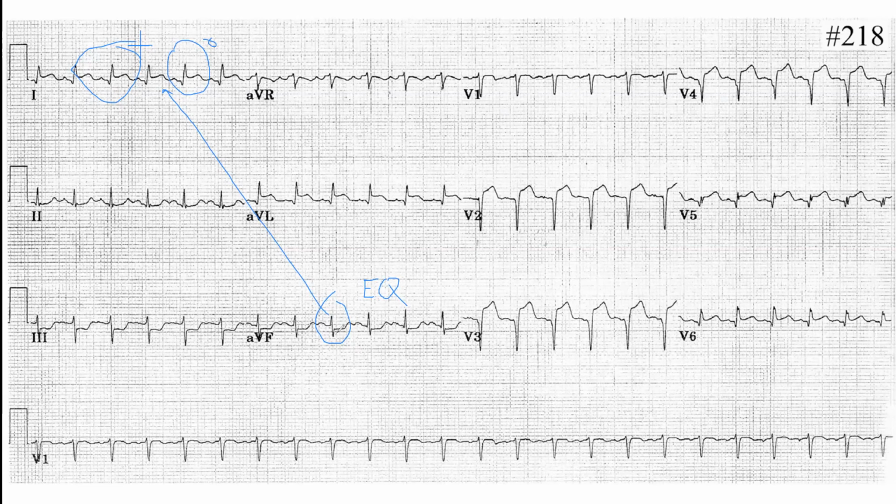AVF is equiphasic, so it means the axis should be perpendicular to AVF. AVF is 90. Minus 90 is 0. This is why it's 0. Normal. Okay, next one.